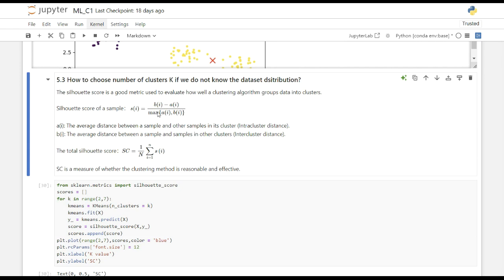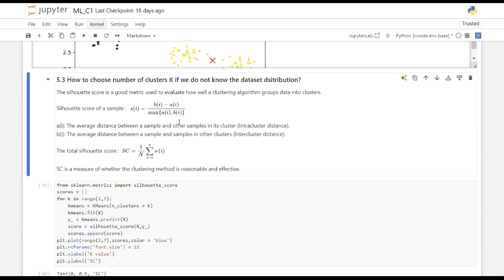When it's 1, it means bi is very big and ai is very small. When it's close to 0, bi minus ai is probably no big change, and bi divided by the maximum of ai and bi, which is bi, and bi divided by bi is close to 1.